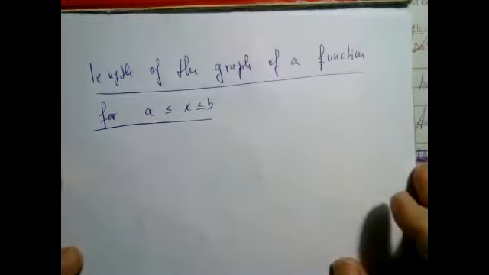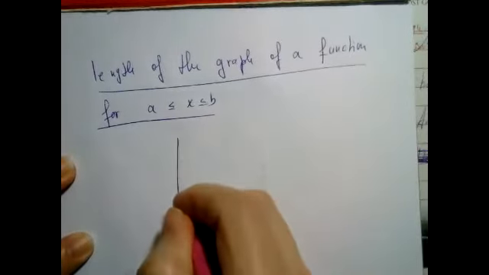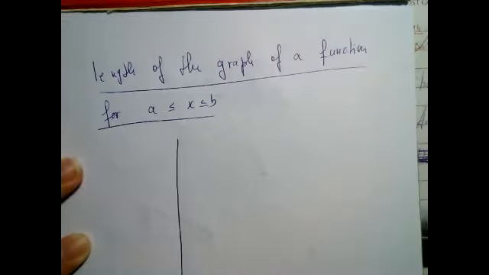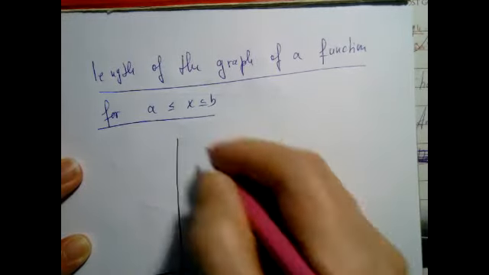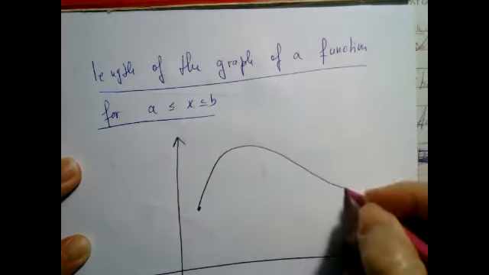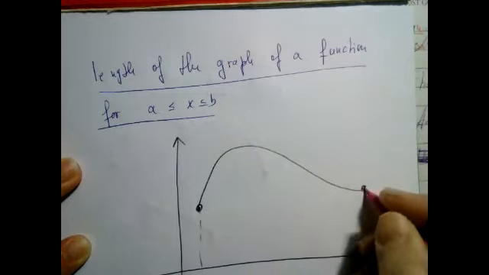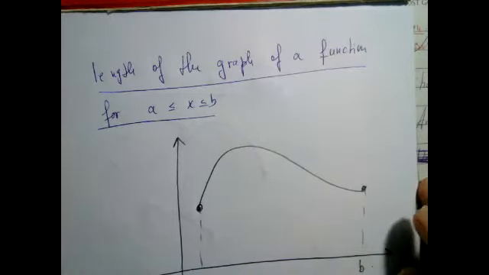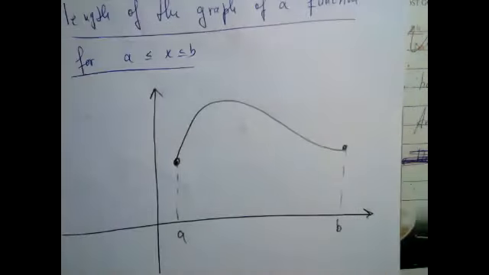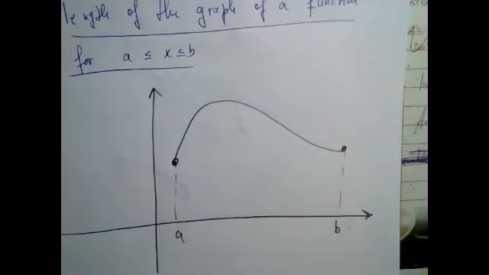So my problem is the following. I have a function. Okay, that's the graph. That's my a, and that's my b. And I need to find the length of this curve. The curve is the graph itself.